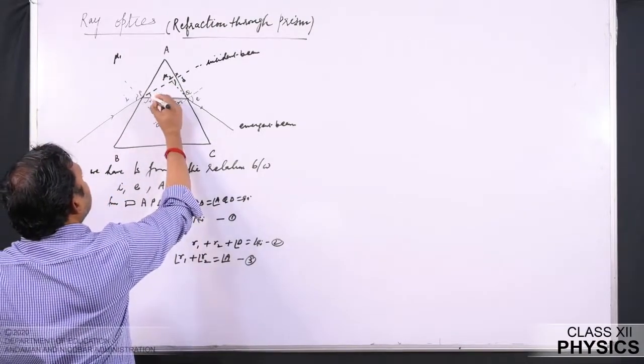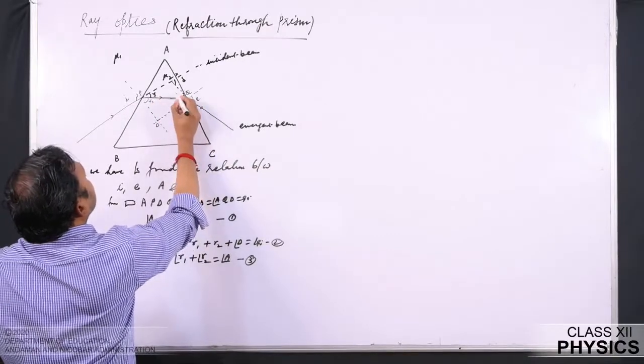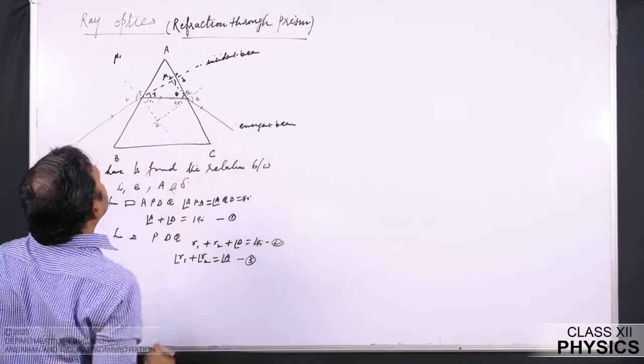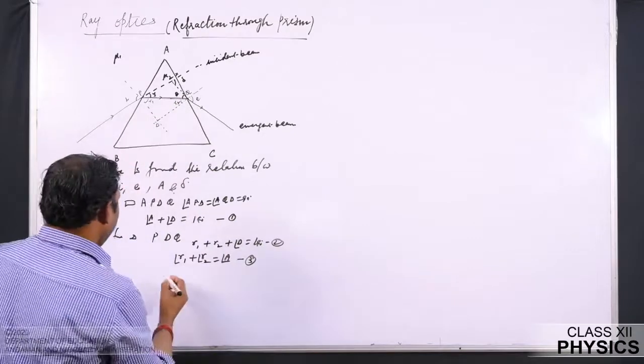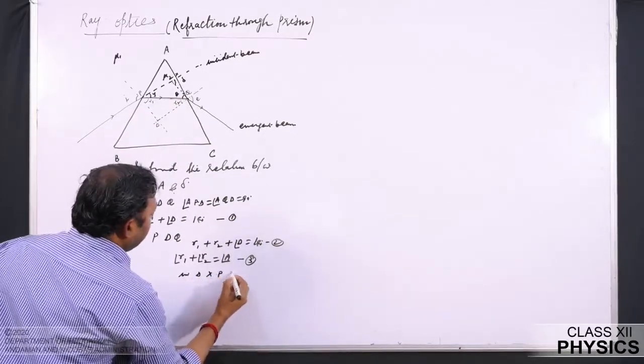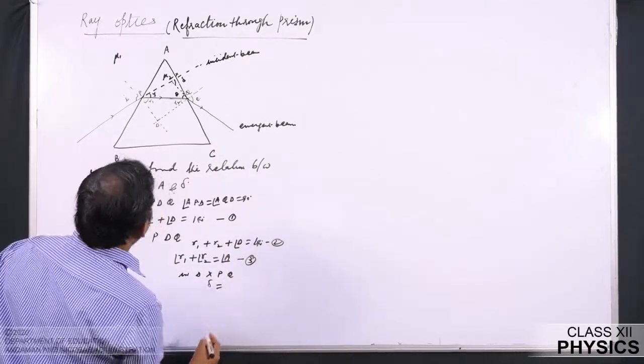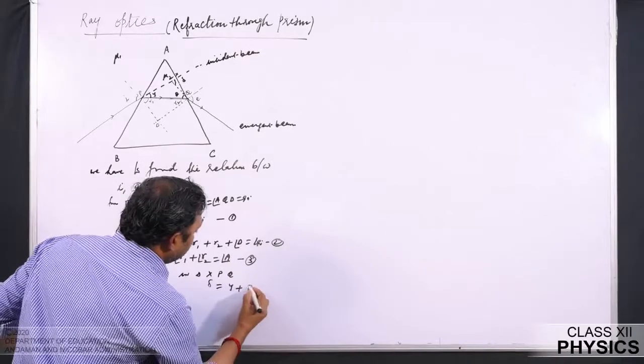Let this angle be say Y and this angle say theta. So, Y plus theta will be equal to delta. In triangle XPQ, the exterior angle delta will be equal to Y plus theta.